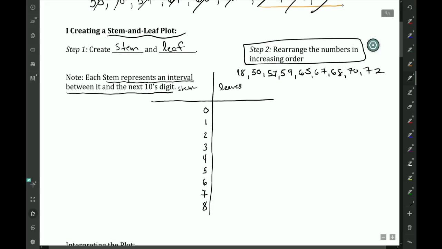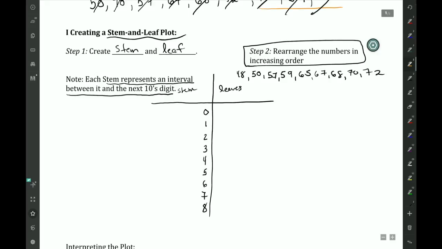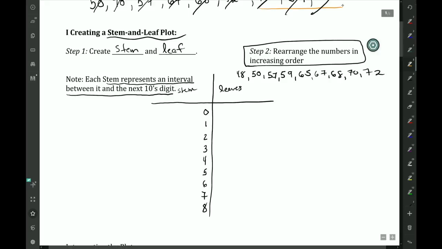Now, all we're doing is placing them in the appropriate stem and leaf spots. The first number tells me which stem it's going to fall on. So this is 48, and it's in the 4 stem, and we write the 8. So this is the number 48.